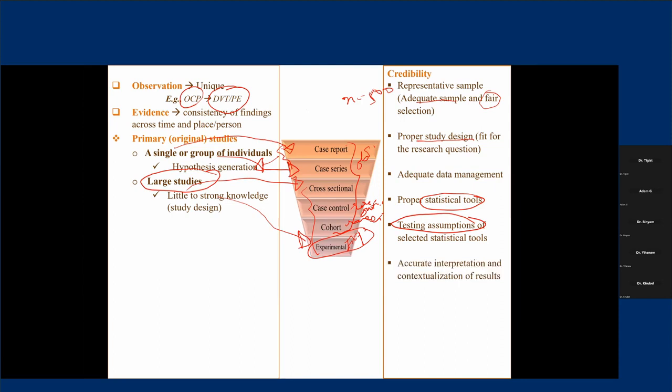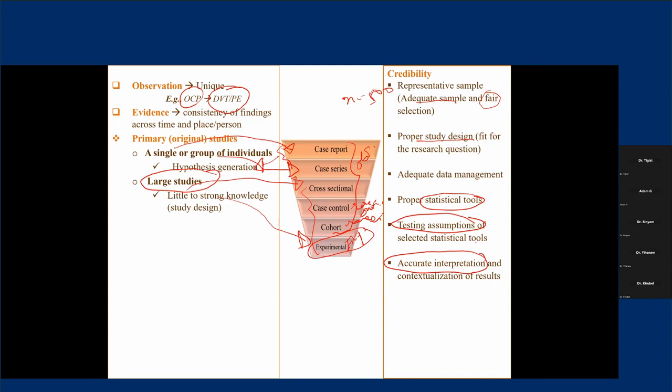The other is after we get our results, we are responsible to interpret it in an accurate way. When you think about it, if you have your result table, a researcher can read into the tables and interpret the results for himself. But for most of our clinicians, that might not be the case.